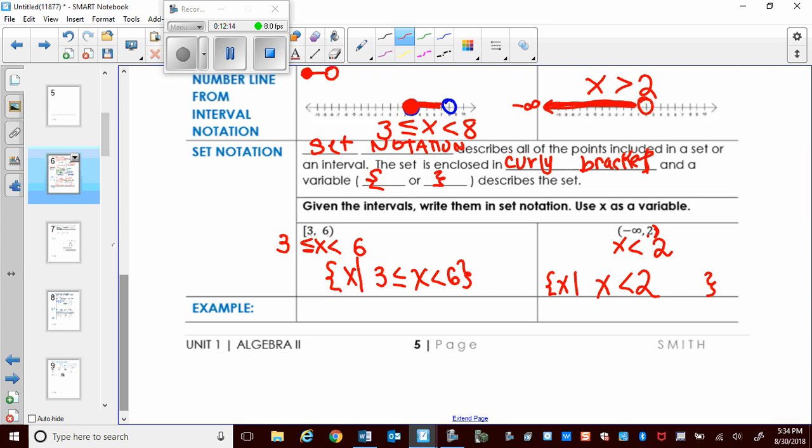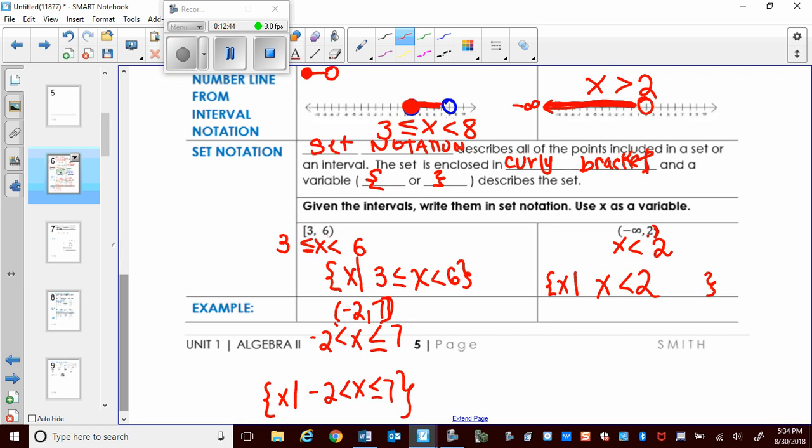Another example, let's say we have negative 2 and 7. Then I have negative 2. It's not equal to, so it's less than x. And then 7 has a hard bracket, so it's also equal to. So set notation says curly bracket x bar negative 2 less than x less than or equal to 7. Close curly bracket.